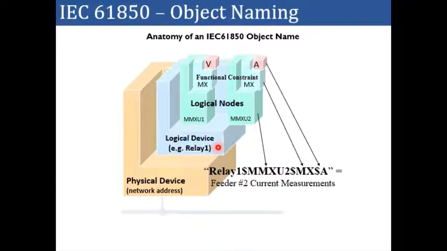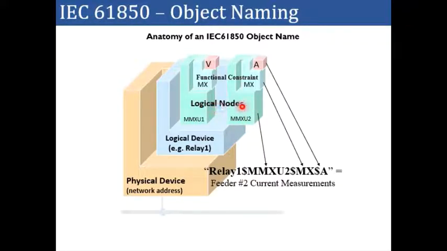Now inside the relay you may have two logical nodes related to different sets of measurements. We may call them MMXU1 and MMXU2.